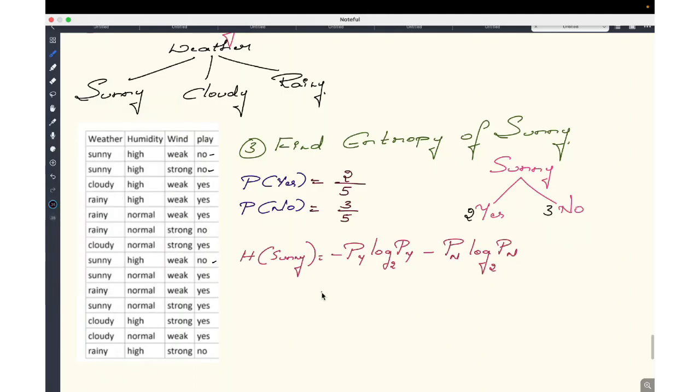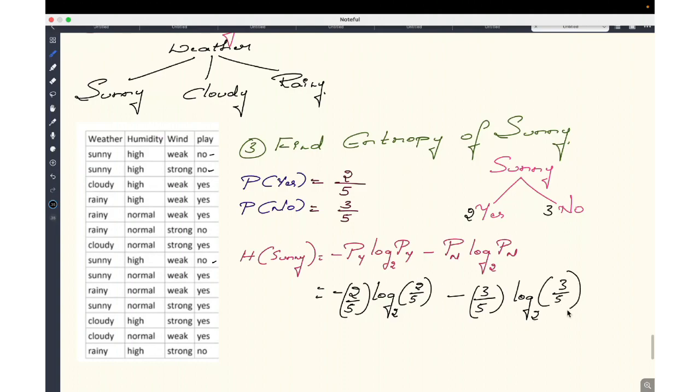Let's substitute: minus 2 by 5 log base 2 of 2 by 5, minus 3 by 5 log base 2 of 3 by 5. Can someone try? Or do you want me to give the answer?